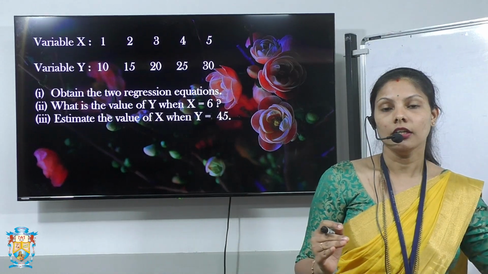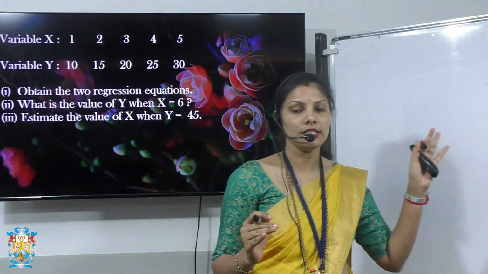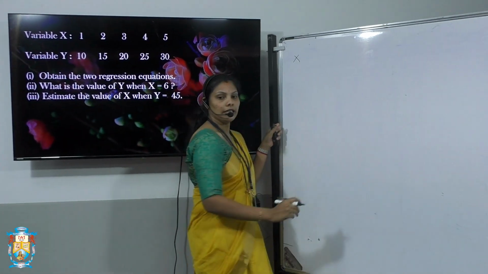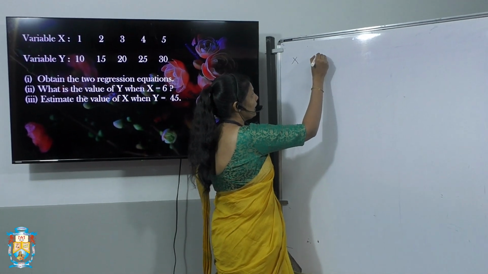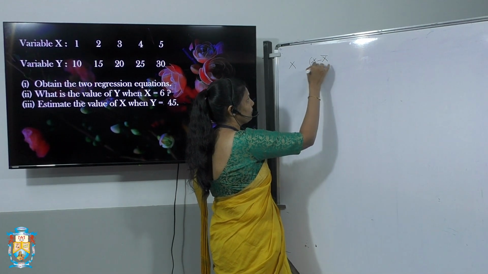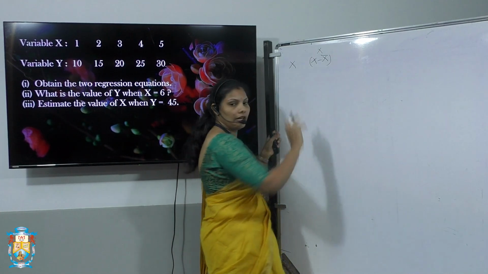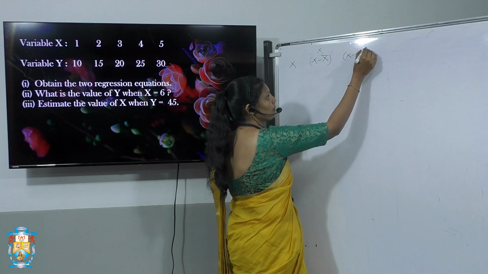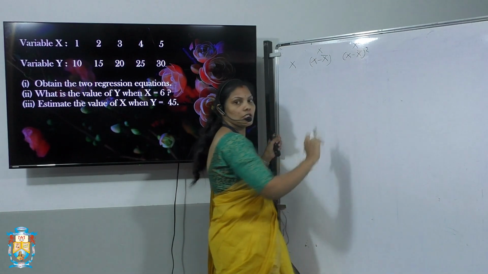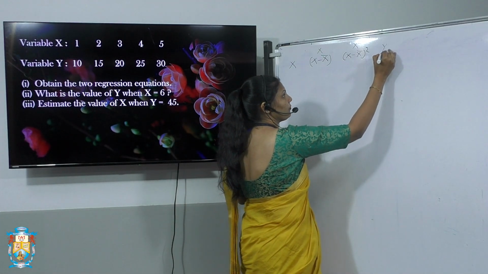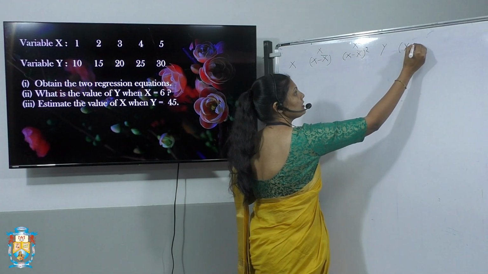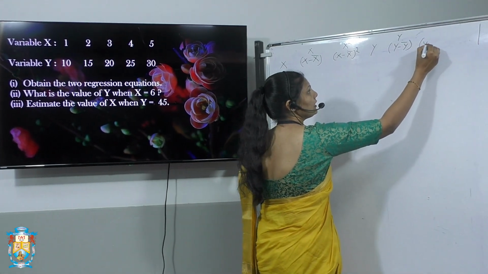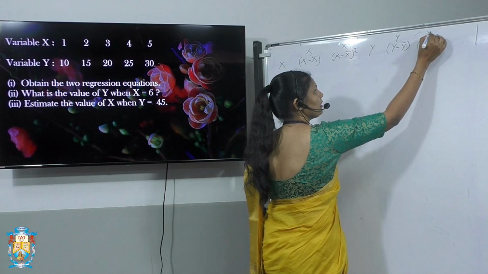So for that we need columns to solve the sums. First we will take x. Next we will take x minus x bar, which is nothing but our small x. Next we will take x minus x bar whole square, that is nothing but x square. Then we will take y, then y minus y bar, which is nothing but small y, and y minus y bar square, which is nothing but y square.